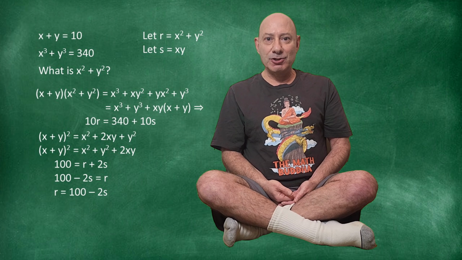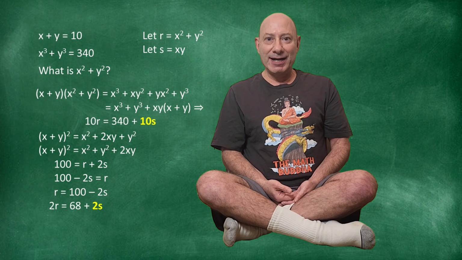Finally, let's move up here to our first equation. How about we divide through by 5? That will give us a 2s to cancel our minus 2s. So what we get when we divide, 10r divided by 5 gives us 2r. 340 divided by 5 is going to be twice 340 over 10, or twice 34 equals 68. And finally, when we divide our 10s by 5, we're going to get 2s.